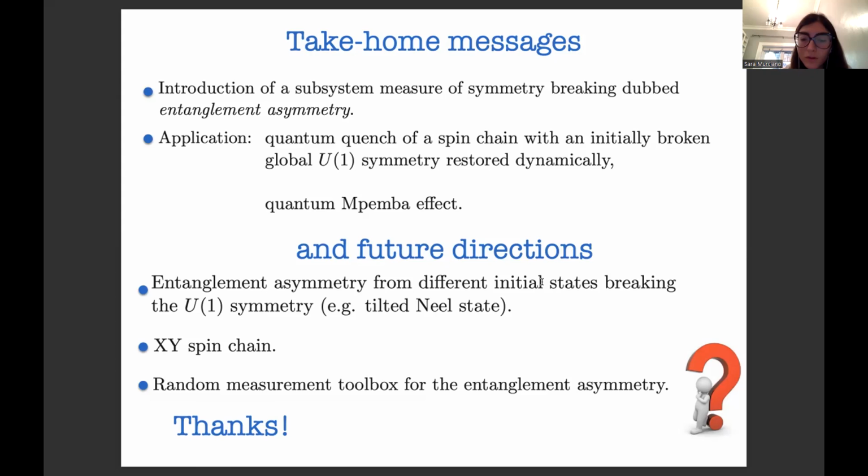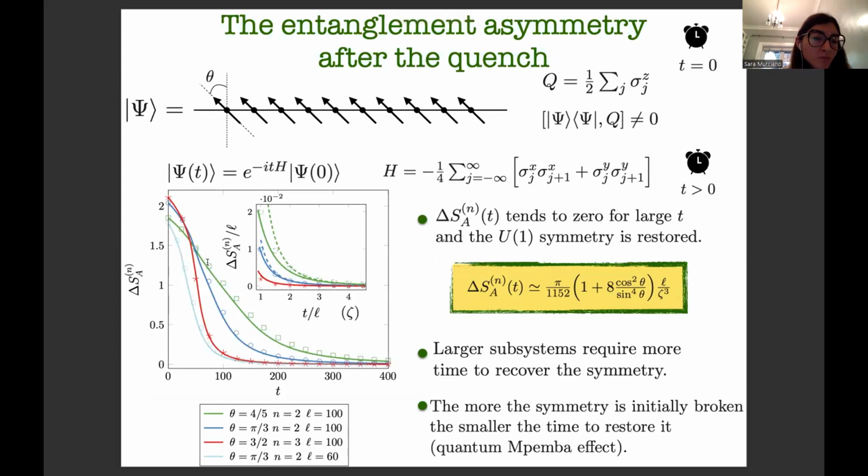Okay, so here the time scale, I mean, there is not a nice relation between t and theta, the tilted angle. We just observed that for larger theta, it takes less time, but there is no exact relation between the values at which this goes to 0 and the values of theta.